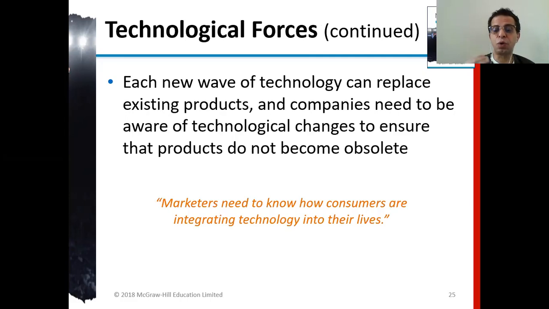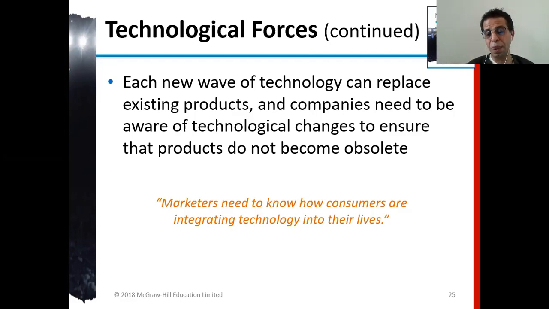Now, we spoke earlier about tracking them: which website they go to, at which page of the website they jump out or jump in, where they continue, where they stop. All this information you need to know, and when they hit your purchase order. Further, each new wave of technology can replace the existing product, and companies need to be aware of the technological change to ensure that their products do not become obsolete.